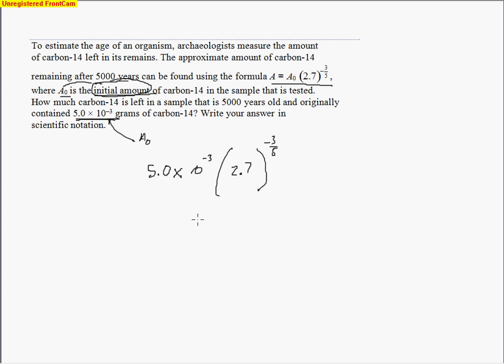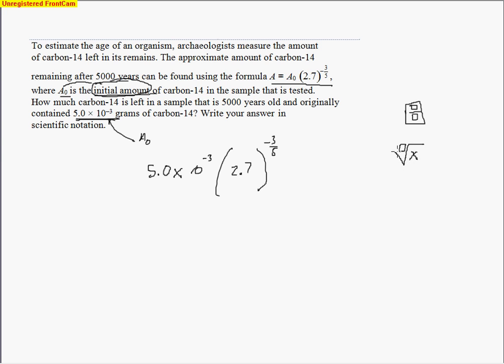So I'm going to use a calculator on this, and the way I'm going to do that is I use a button that a lot of the newer calculators have, a button that looks like this. It's a fraction button, and this makes it a whole lot easier. Otherwise, you'd end up having to use the radical button, and a lot of the calculators now will have this button as well.